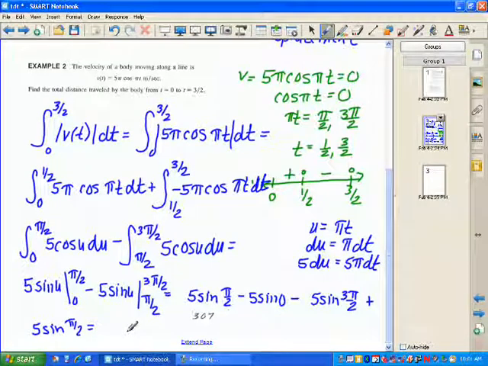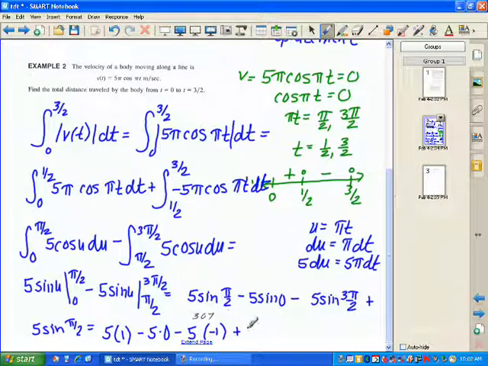Okay, ready for our plug-in. 5, the sine of pi over 2, 1, minus 5 times 0, minus 5 times, this one's negative 1, plus 5 times 1.